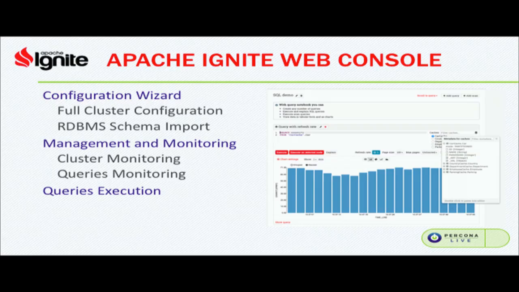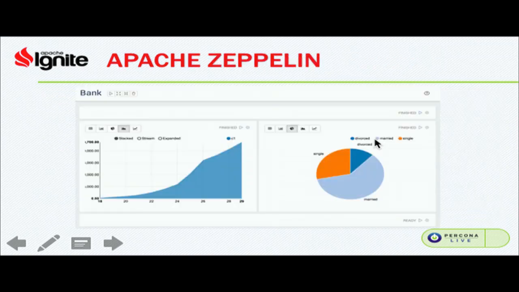And after that, you can connect to your cluster once it's up and running, and for instance, you can monitor the state of the cluster or execute SQL queries like it's shown on this picture to the right. Plus, if you know Apache Zeppelin or you somehow use it in production, you also can connect from Zeppelin using a JDBC driver.